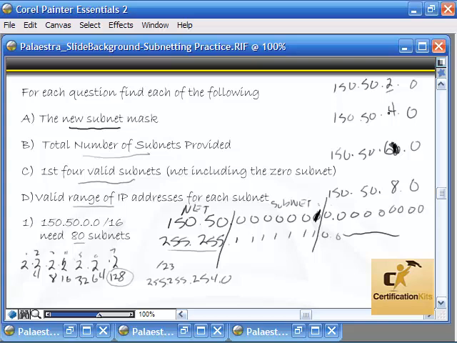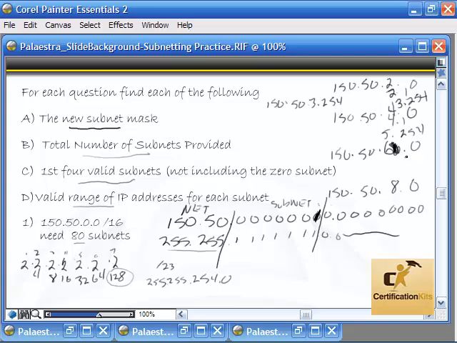Then all I have to do is stay in between the lines here for the valid ranges of IPs. 2.1, the highest number I can go without hitting the next subnet is 3, and then the last octet would be .254. So the valid range of IPs here is 150.50.2.1 to 150.50.3.254, and anything in between is valid as well. 4.1 to 150.50.5.254, and that's for the 4 subnet.